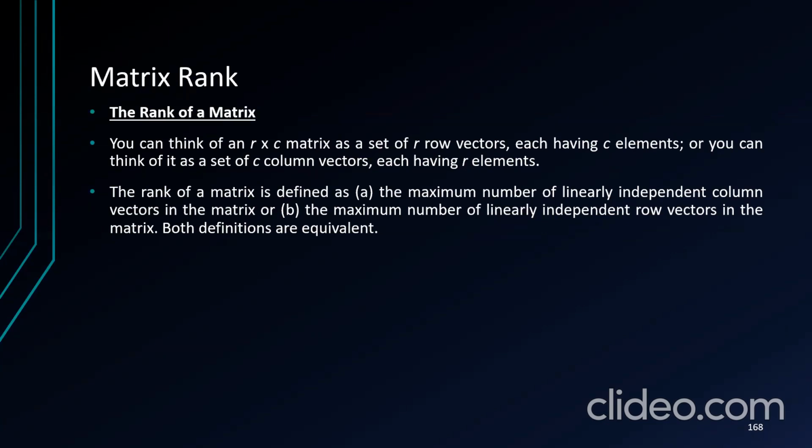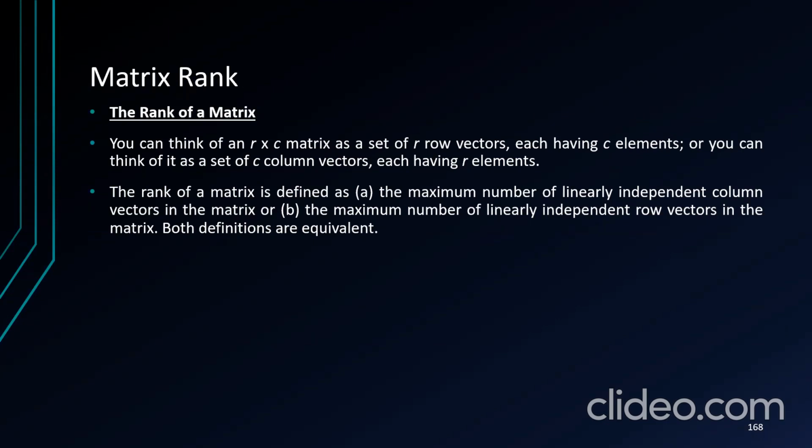Ang vectors, iba, isang column lang yan. The set niyan. Each having R elements. The rank of a matrix is defined as A, the maximum number of linearly independent column vectors in the matrix, or B, the maximum number of linearly independent row vectors in the matrix. So equal yan na A and B.